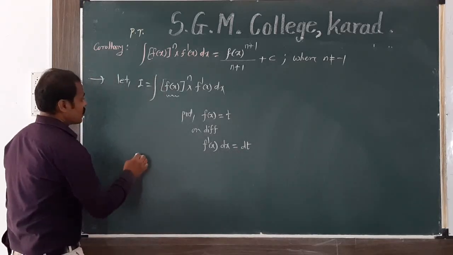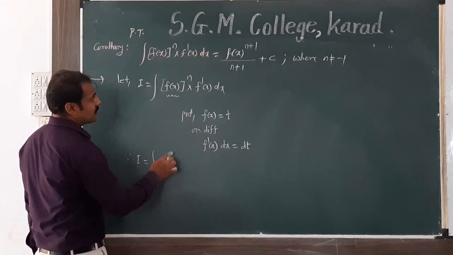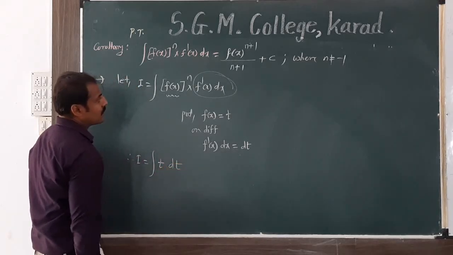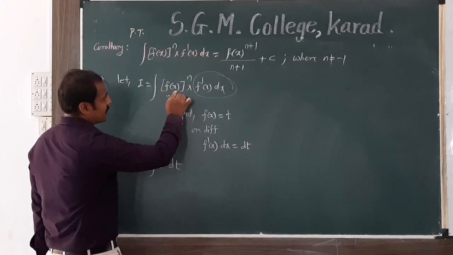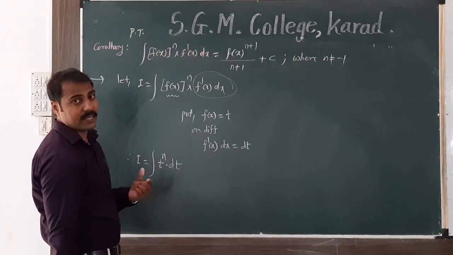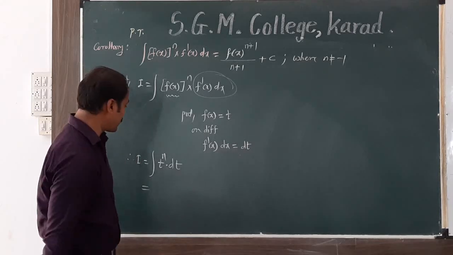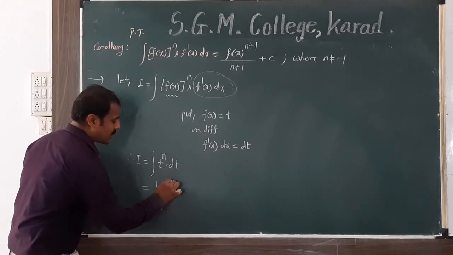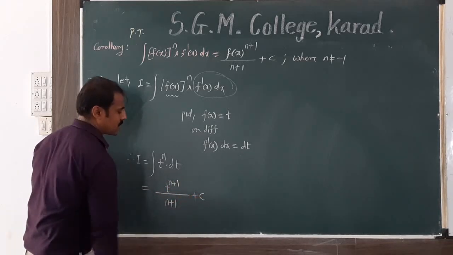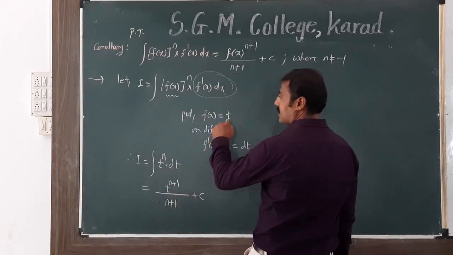Right. So the integration becomes I is equal to integration of, here f of x is equal to t, and here is that term f dash of x dx, dt. So f of x is equal to t. It becomes t raised to n into dt, which is equal to, we know the integration of x raised to n is what? x raised to n plus 1 upon n plus 1. So integration of t raised to n is what? t raised to n plus 1 divided by n plus 1 plus constant of integration c. But what is t? t is f of x.